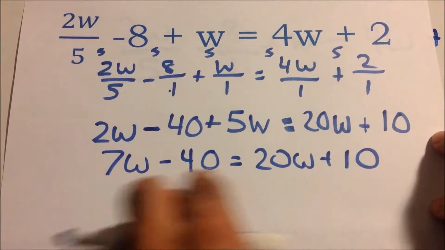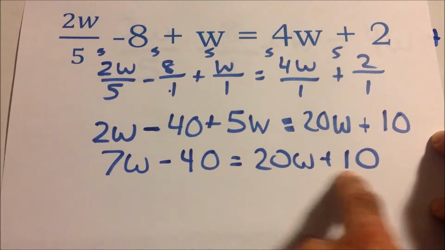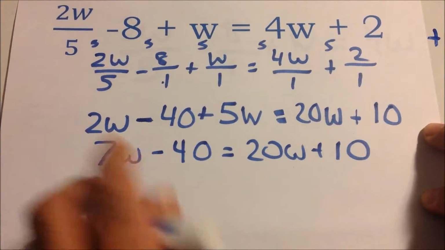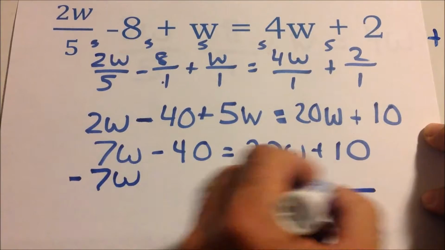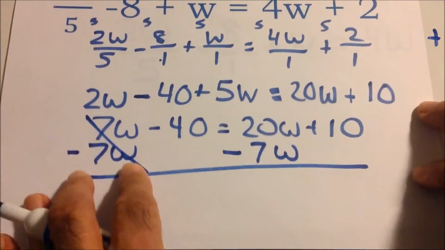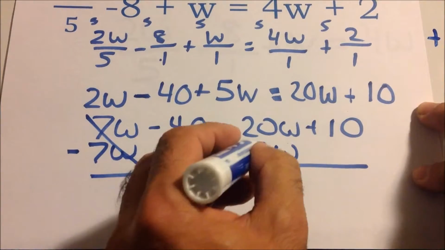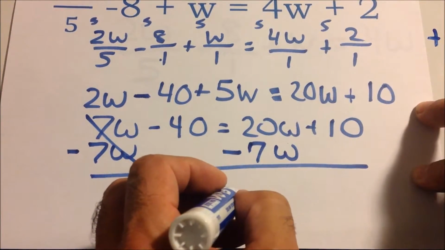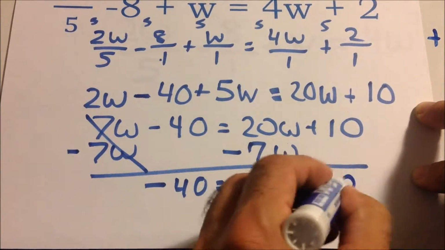Okay, so now we can get rid of one of the w's, doesn't matter which one we do, and one of the constants. Some people just use the smaller ones, doesn't matter really. We'll get rid of the 7w on both sides. Now we have a minus 40 equals 13w plus 10.